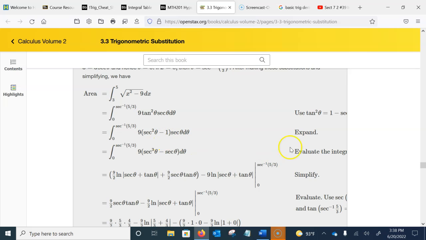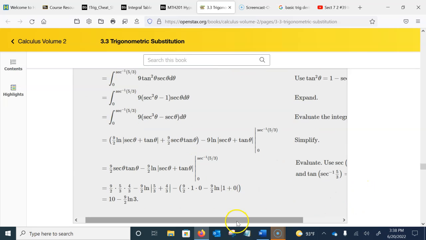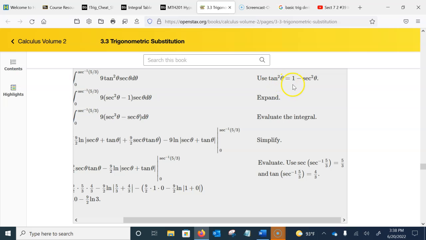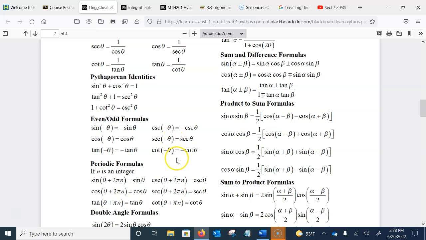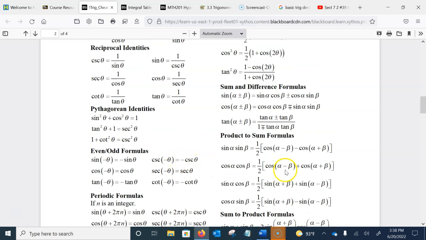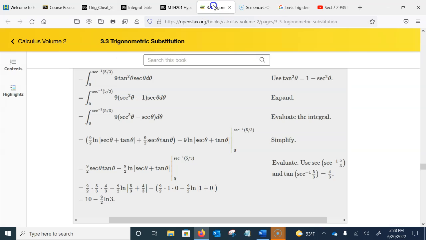And just to correct myself right there, shame on the textbook here, tangent squared theta is secant squared theta minus 1, so it's a typo there. But again, when you're doing these and you need a trig substitution, use the trig cheat sheet. And you can see here that tangent squared theta is secant squared theta minus 1. All right, so apologize for the textbook there, but they are using a form of Pythagorean's theorem and replacing tangent squared theta with secant squared theta minus 1.